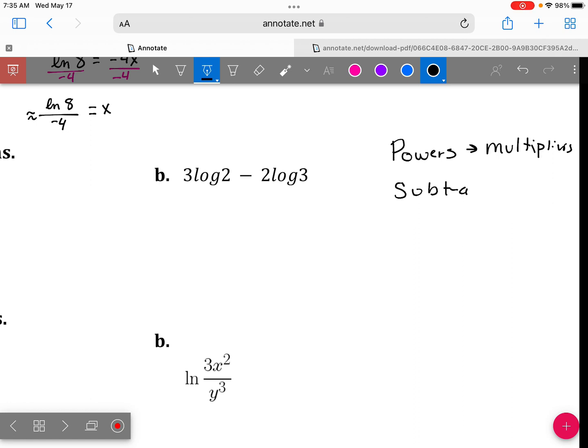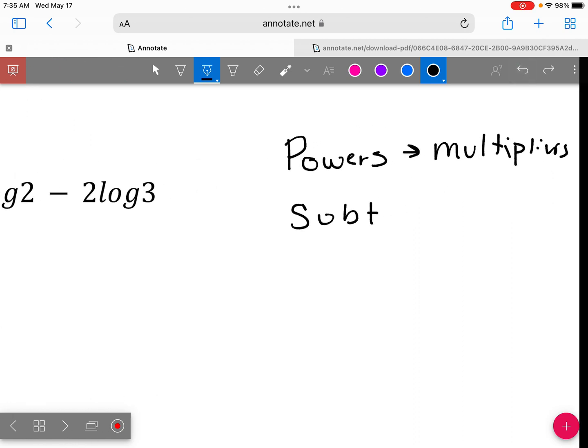Subtraction becomes division. And addition becomes multiplication.